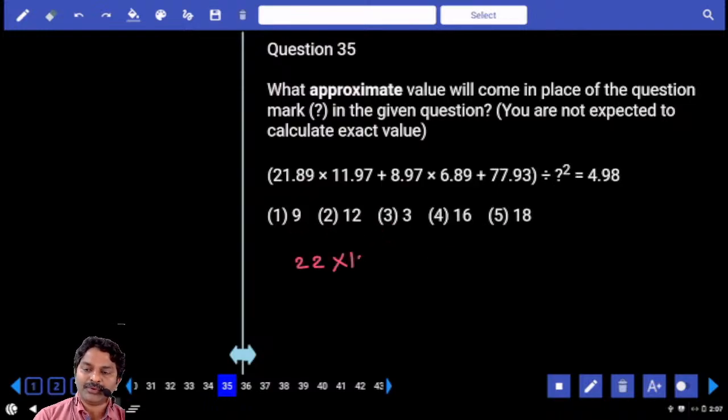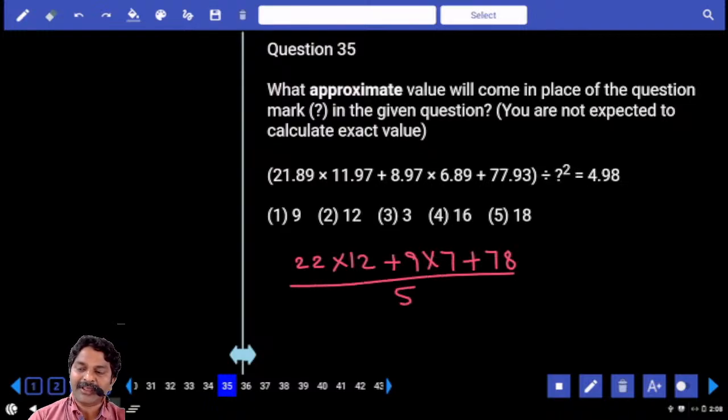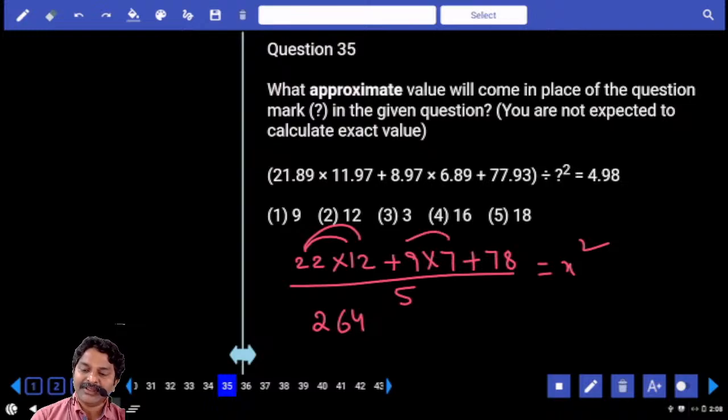22 into 12 plus 9 into 7 plus 78 by x square is 5. X square is equal to divided by 5 only. 22 into 10 times 220, 22 into 2 times 44. 220, 44, 264. 9 times 7, 63, plus 78.